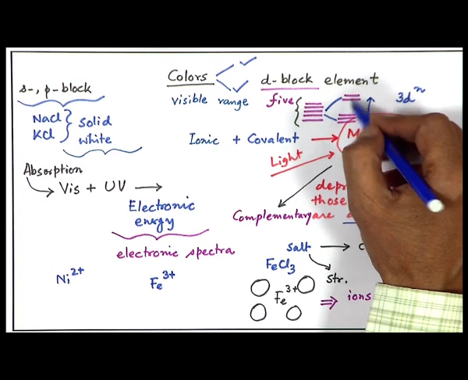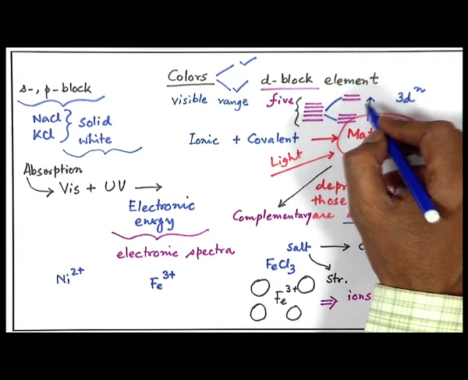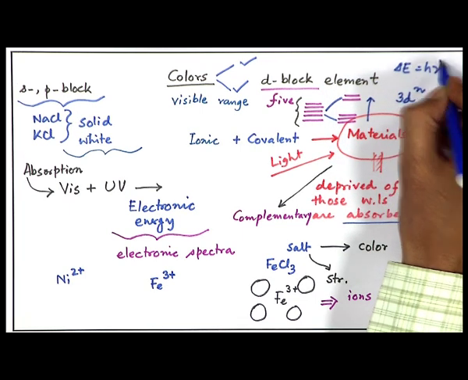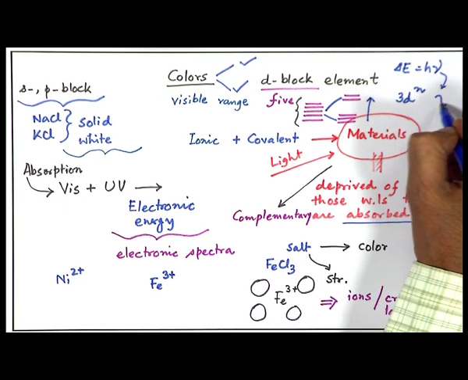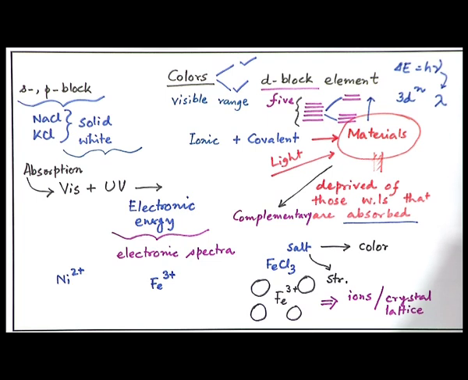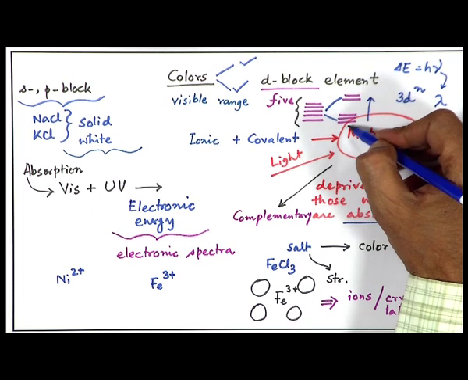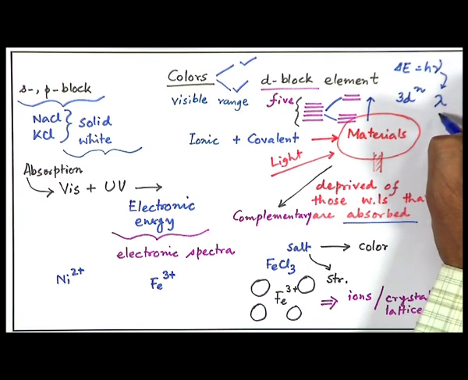So, the energetic transition can take place, which is equivalent to delta E, the separation, which is equal to h nu. The nu can be correlated with lambda. Depending upon the energy separation between these two levels, we get the corresponding nu value, the frequency for the transition, as well as the lambda value.